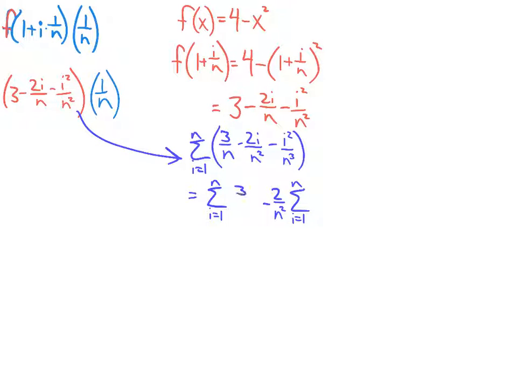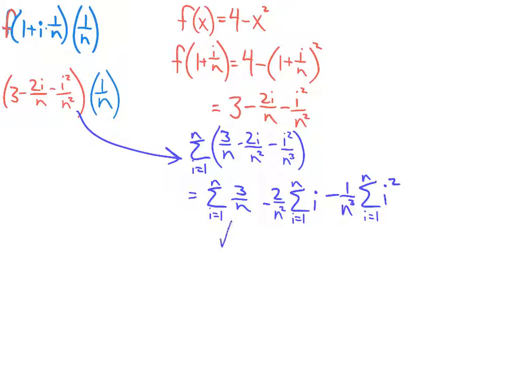This is a 3 over n, minus 2 over n squared times the sum from i equals 1 to n of i, minus 1 over n cubed times the sum from i equals 1 to n of i squared. Okay? So you see what I did? I split it into 3 separate sums, and I made it so that I can use formulas that I know.